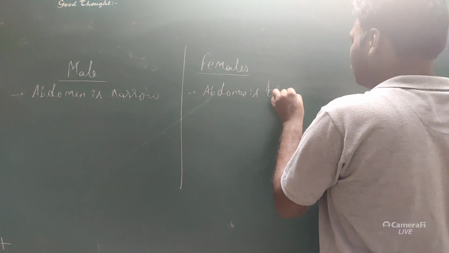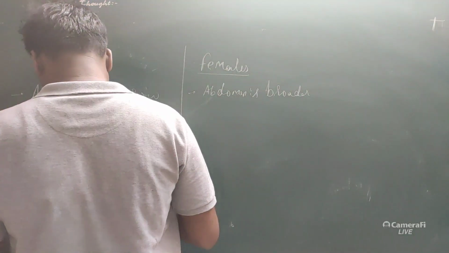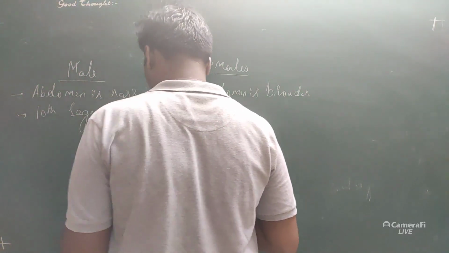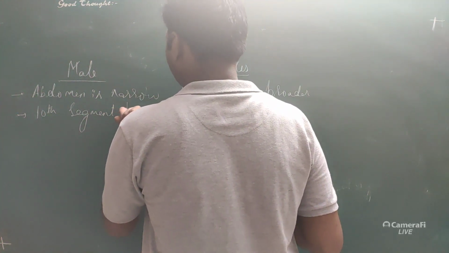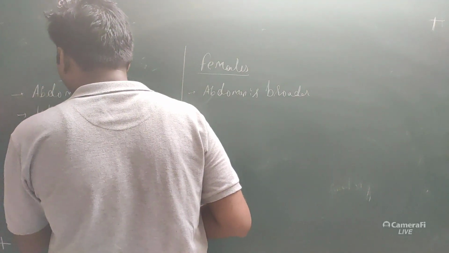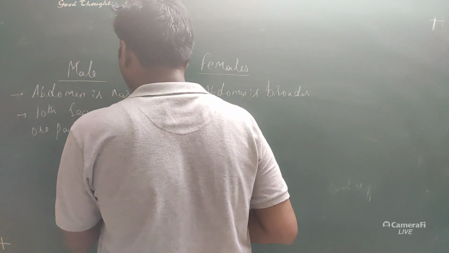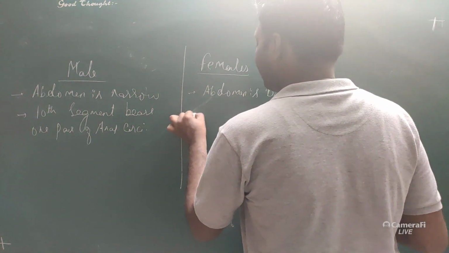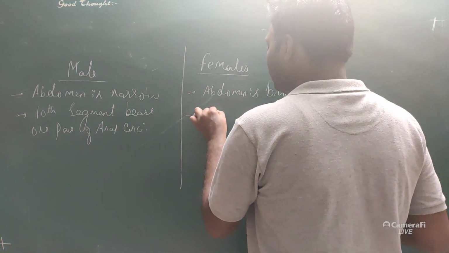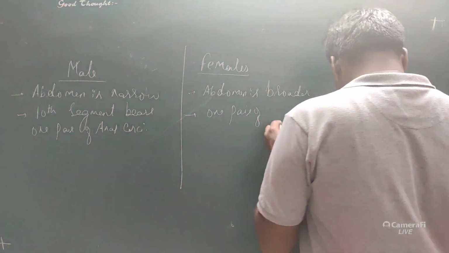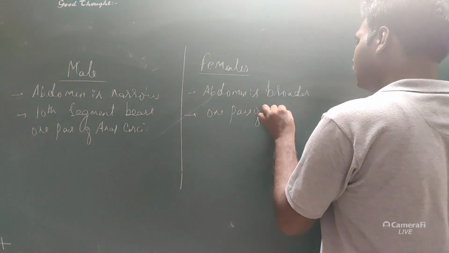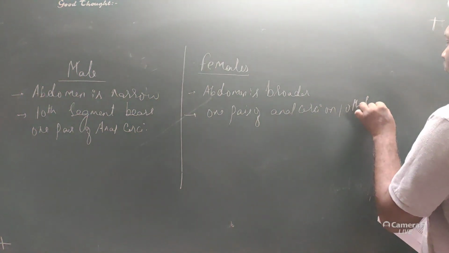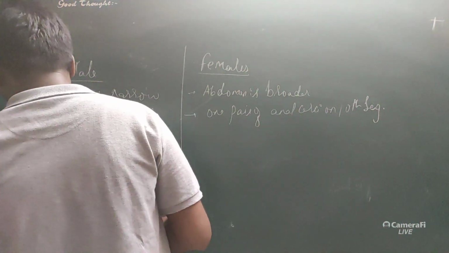The 10th segment bears one pair of anal cerci, and in females also there is one pair of anal cerci on the 10th segment.